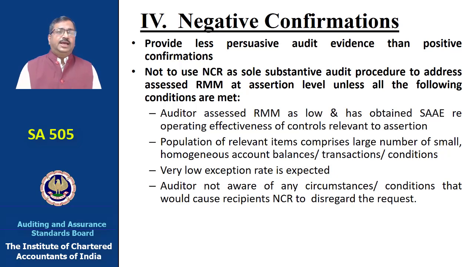There is a very low exception rate which is expected in the procedure, and therefore the auditor can adopt negative confirmations, or the auditor is not aware of any circumstances or condition that would cause recipients of a negative confirmation request to disregard the request.